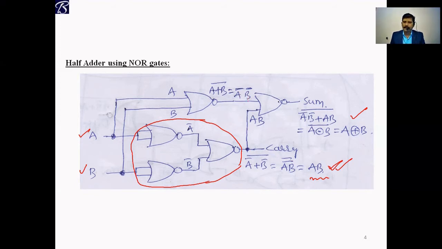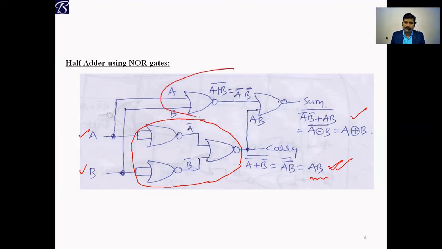So once again you take a NOR gate: A bar B bar plus AB whole bar. This is the output of this second NOR gate in the sum. So what is this A bar B bar plus AB? It is the XNOR gate, A XNOR B, whole bar. Now what is A XNOR B whole bar? That equals the XOR gate, A XOR B.